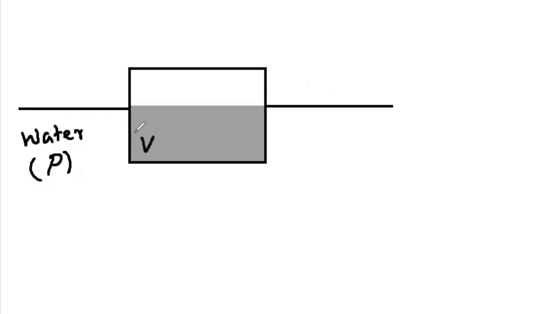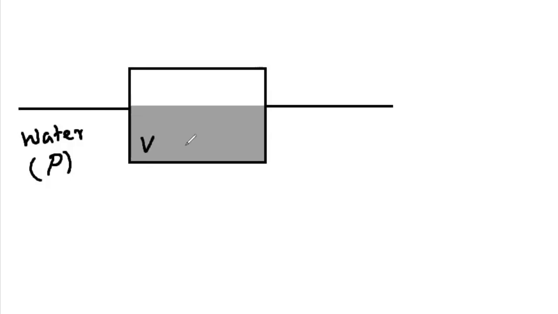You should not get confused that V is not the entire volume of the body. That is the amount of volume which is immersed inside the liquid. So in other words, that much volume is inside the liquid, and the same amount of volume of the liquid has to get displaced.